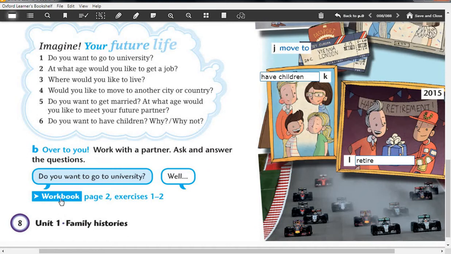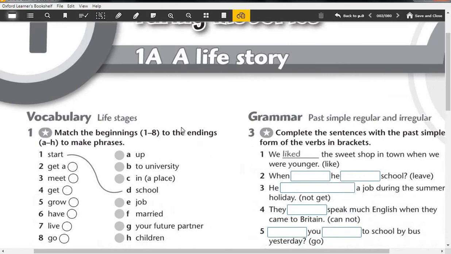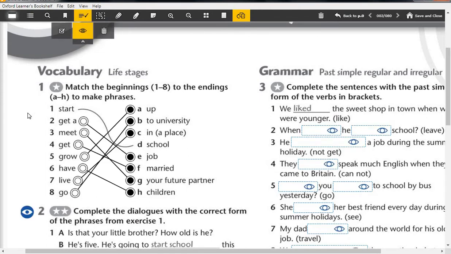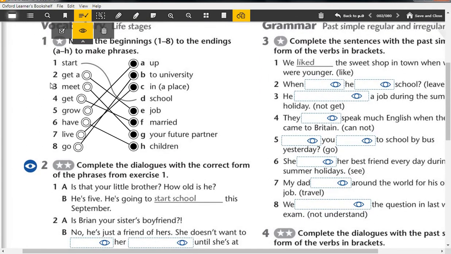Now let's pass workbook page 2, exercise 1 2. Open your workbooks here. This is the first part. Match the beginnings to the endings to make phrases. Let's see the answers. Okay. 1. Start school, 1D. 2. Get a job, 2E. 3.